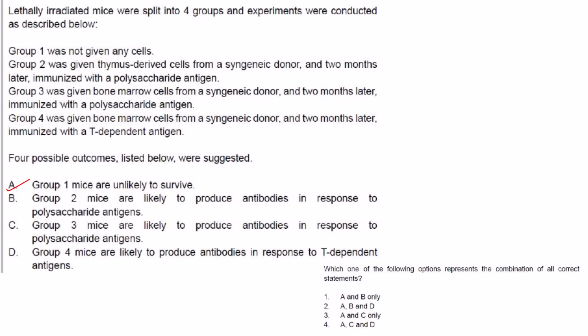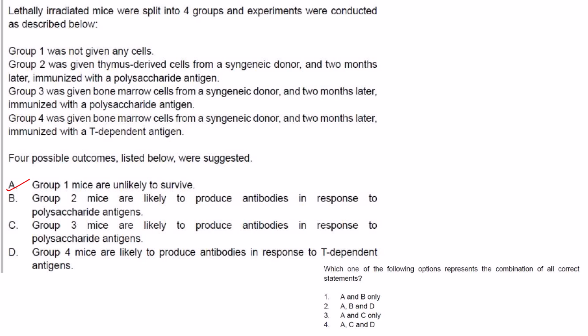Okay, now group 2's mice are given thymus derived cells. Thymus derived cells means only T cells are there, B cells are not there. And 2 months later immunized with polysaccharide antigen. Now the thing with the polysaccharide antigen is they directly stimulate the B cells to produce antibodies.